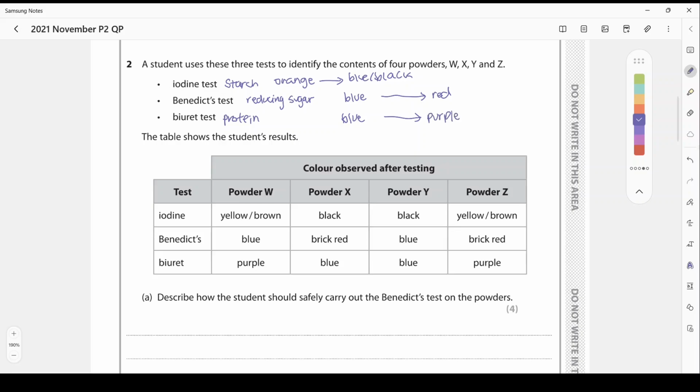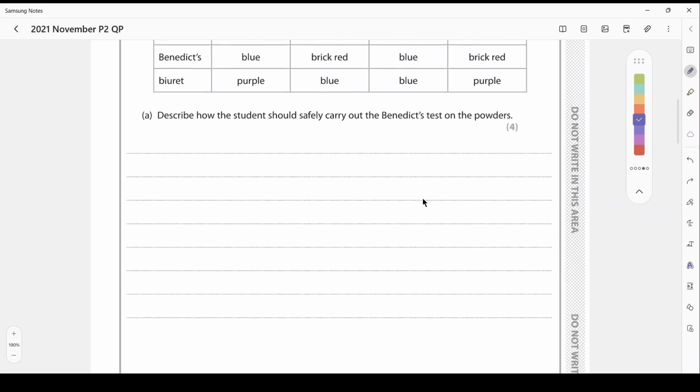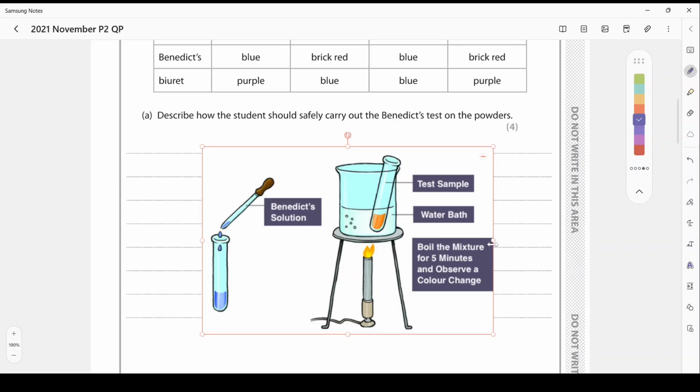presence of protein. Okay, so part A, describe how the student should safely carry out Benedict's test on the powders. So let me see if I can find a diagram. So here's the diagram of the experimental setup. So before we add the Benedict solution into the test tube, because it's in powder form, you actually want to dissolve the powder in water first.